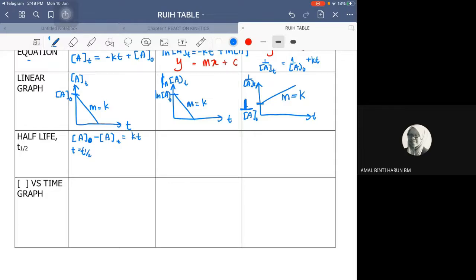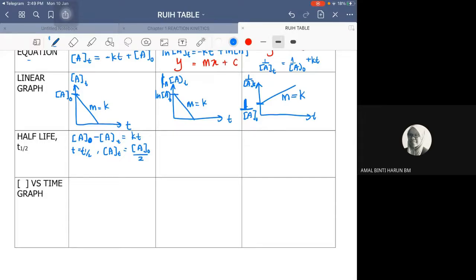So at T half, when the concentration of A at time, so the initial concentration of A become half. Kan? Kalau initial dia A, so selepas satu masa, iaitu selepas masa half-life tu, kita tak tahulah berapa half-life dia, concentration dia setelah half-life tu menjadi setengah daripada nilai yang awal.